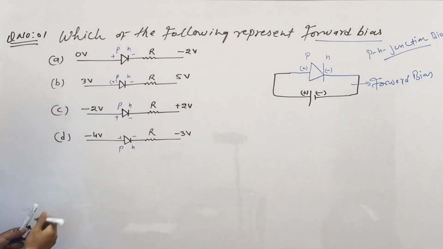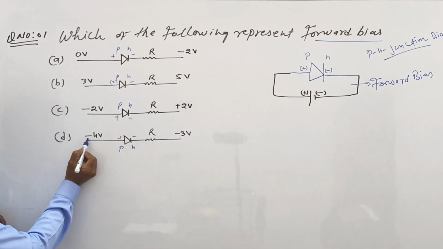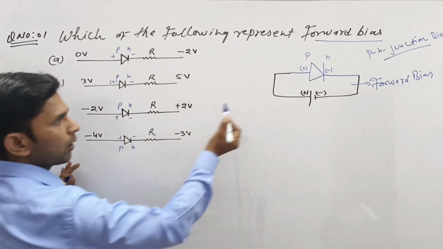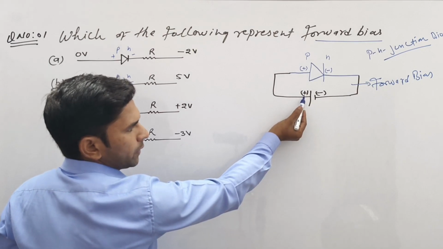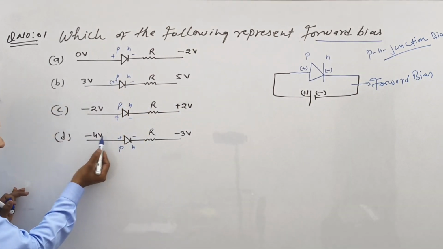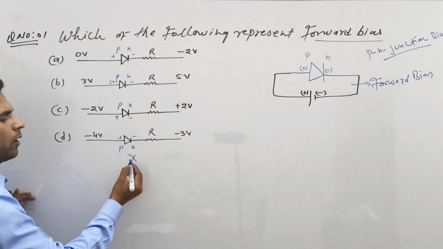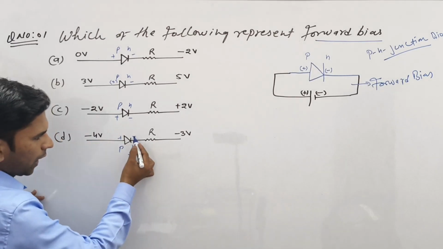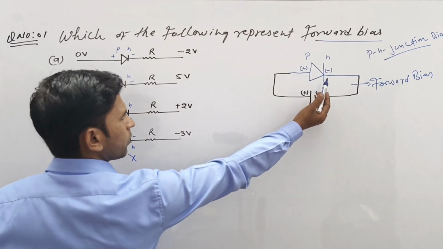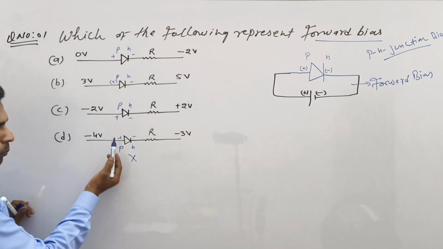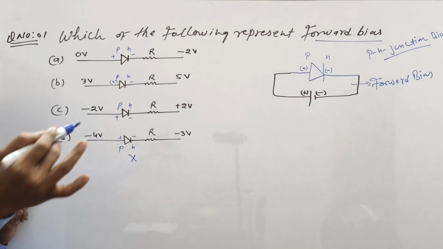positive is connected with negative, but positive should be connected with positive. So this is wrong. Here negative is connected with negative, okay, but positive should be connected with positive.